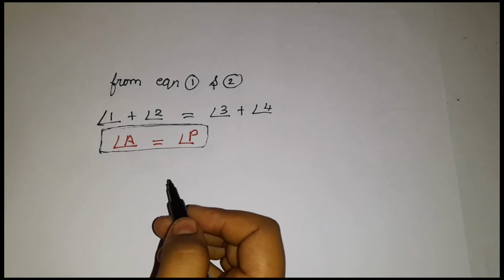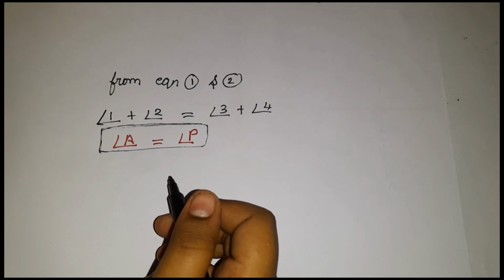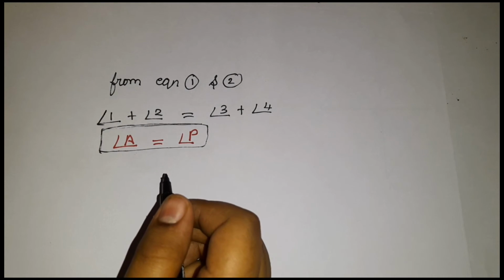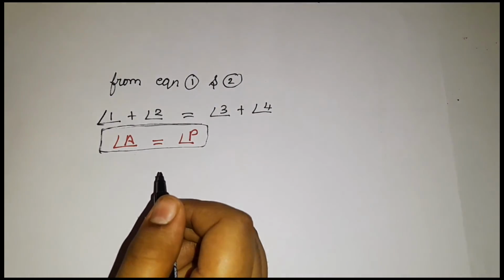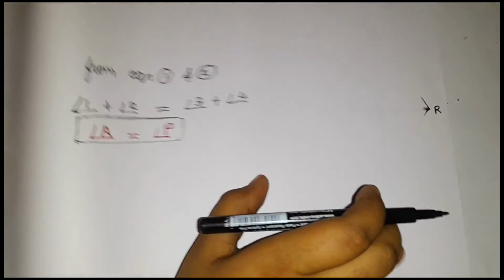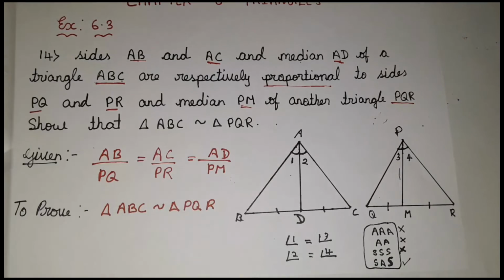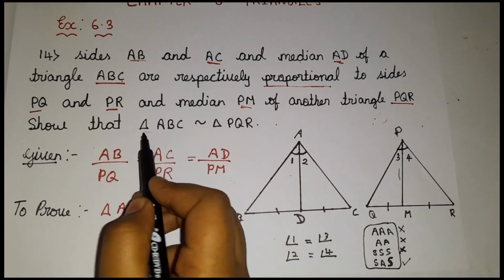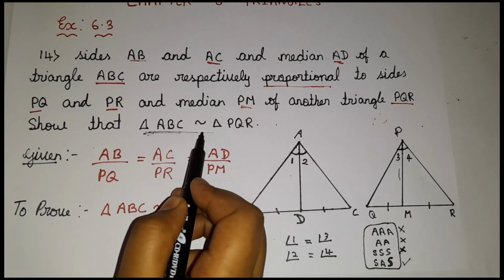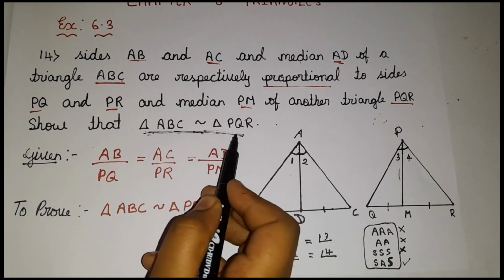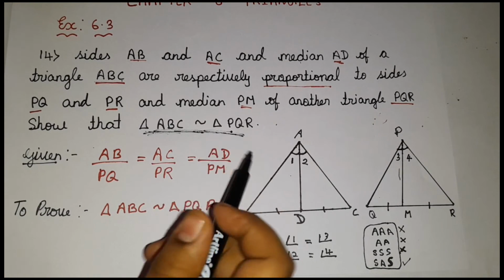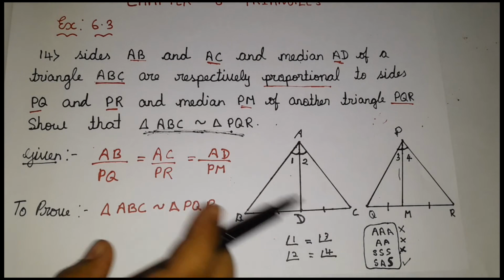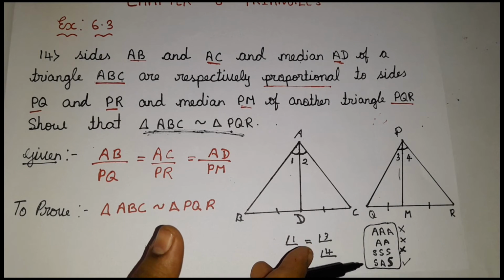Now what is the use of getting this angle A is equal to angle P? Now we are getting into the main part. According to the question, what are we supposed to prove? We totally forgot it, right? We are supposed to prove that triangle ABC is similar to triangle PQR. But I told you I am going to be using the SAS criterion.